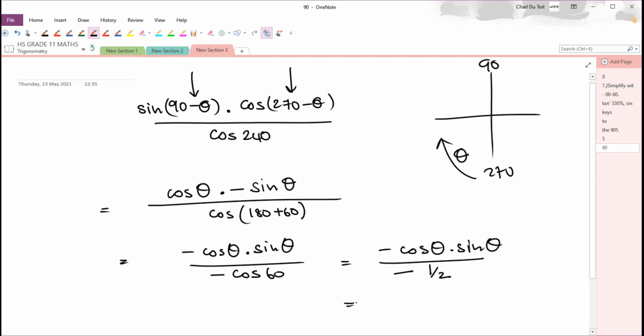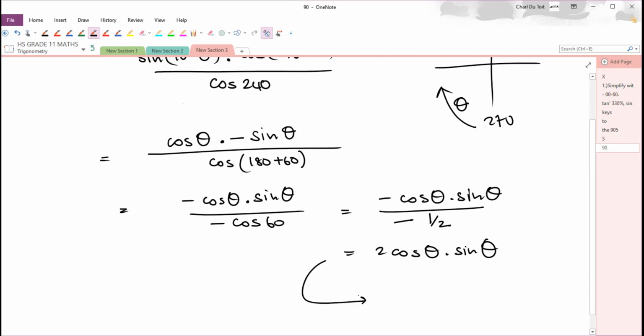A negative divided by a negative is positive. If I take the half up, it comes to 2 cos theta times sin theta. And in grade 12, not now, you will learn that that is sin 2 theta, but you don't have to know that now. You can only do right up to that.